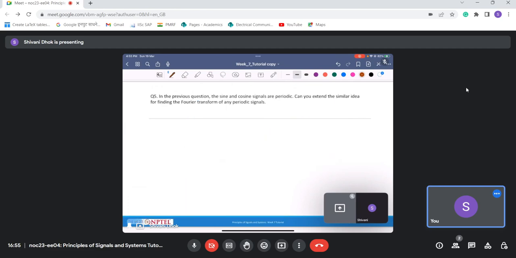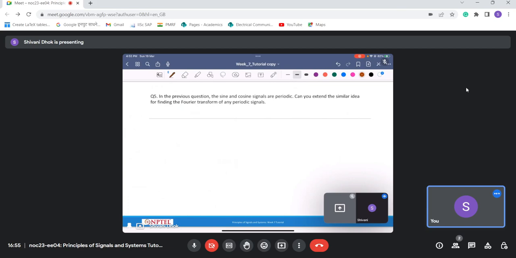So if this is clear, let us look at the next question. This question says that in the previous question, the sine and cosine signals are periodic. Can you extend the similar idea for finding the Fourier transform of any periodic signal? We had seen in the previous tutorial as well as in the lectures that the Fourier transform is used for aperiodic or non-periodic signals.